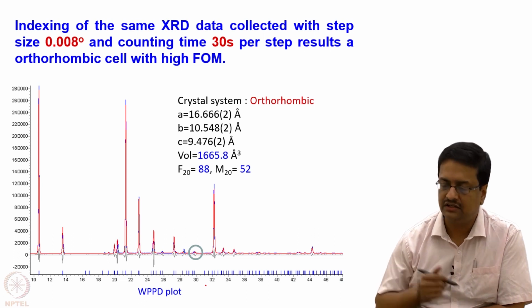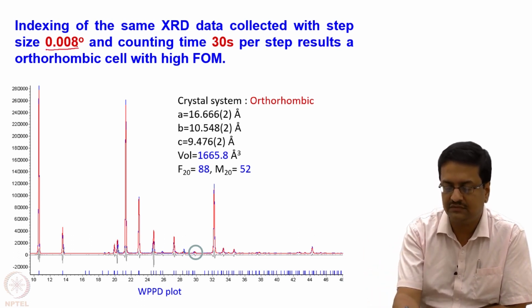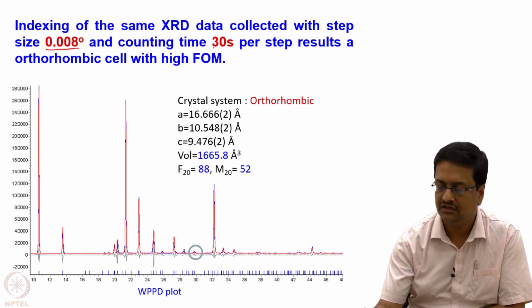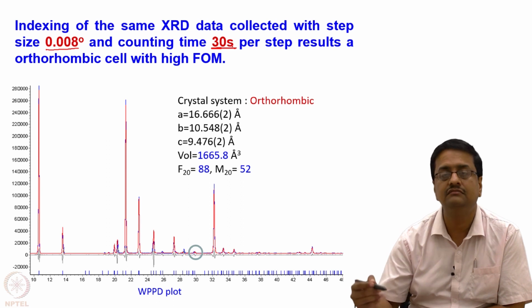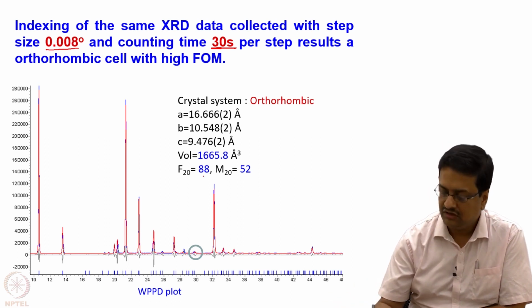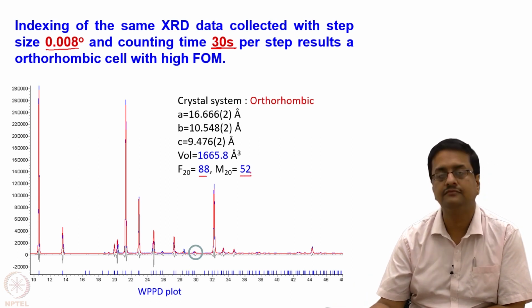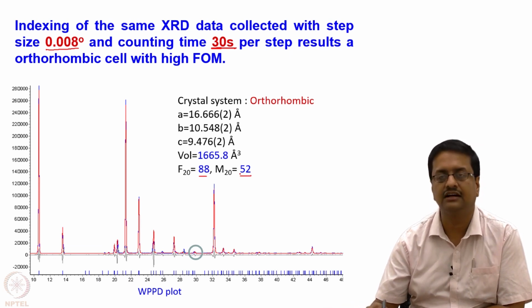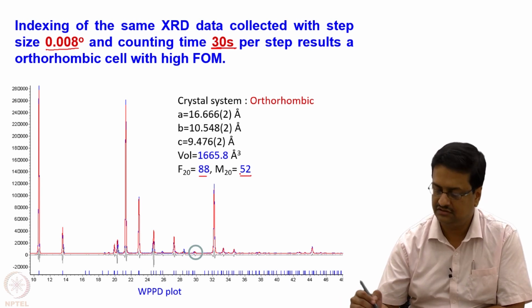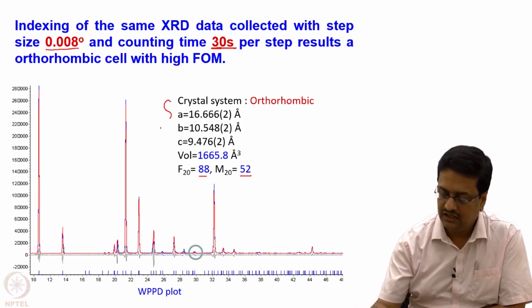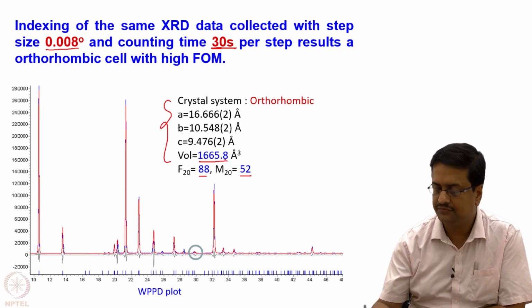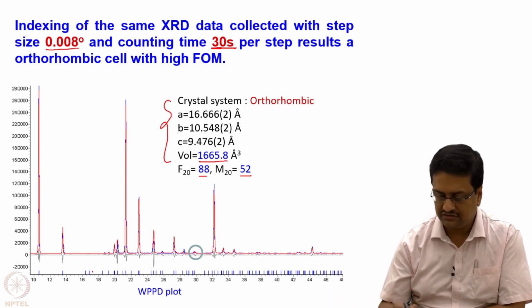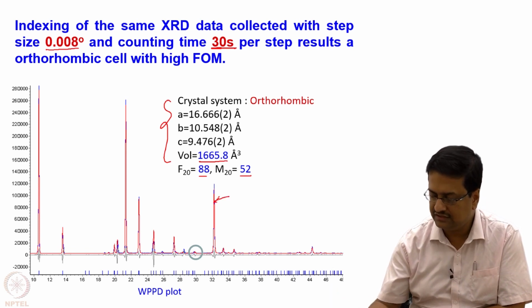But then when the same data was recorded with a much smaller step size of 0.008 degree in 2 theta with a longer data collection time, 30 seconds per step, we see that the figures of merit have improved a lot. These are the parameters that come as an outcome of the data indexing software, and it gives an orthorhombic unit cell of 4 times the volume, and all the peaks that are originally there in red are calculated in blue, and the difference is here.